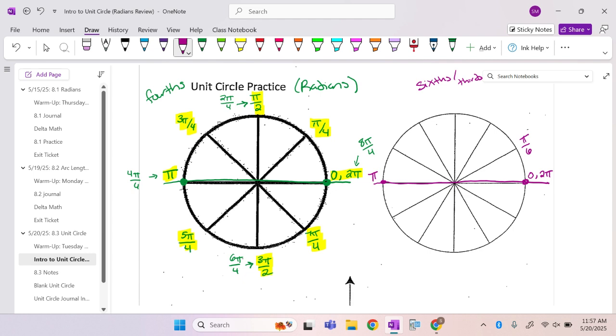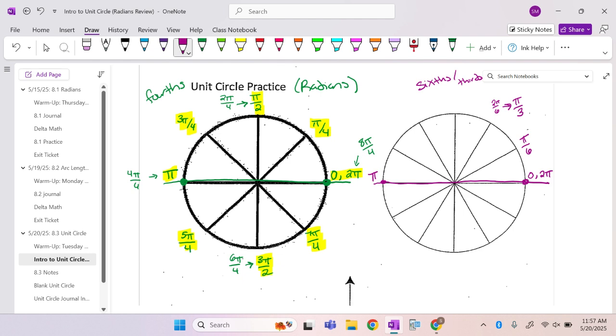If I go another 6, what do I get? So I add another 6. What do I get? It'll be 2 pi over 6 or pi over 3. Add another 6.